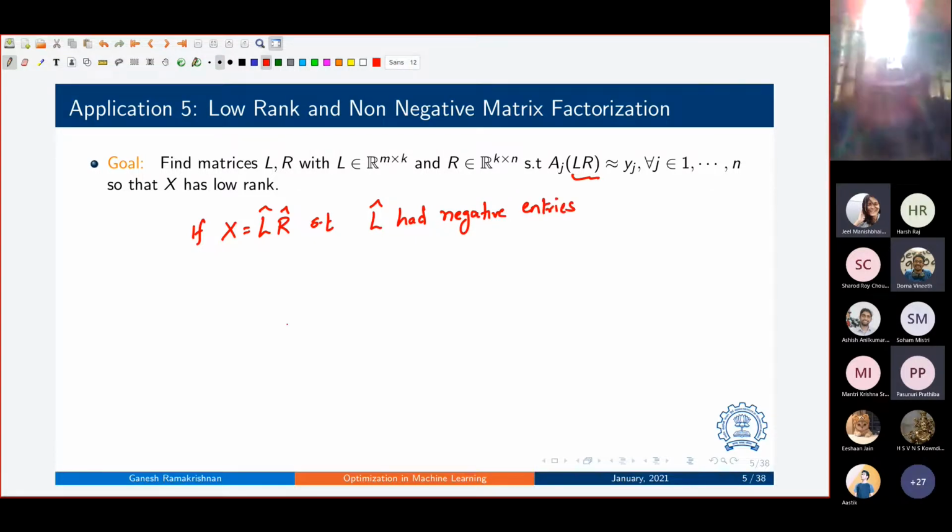Okay, rank has to be low. X should be low rank, but if L hat had negative entries, what's really happening is, let's say L hat is feature weights, right? And R is say features.